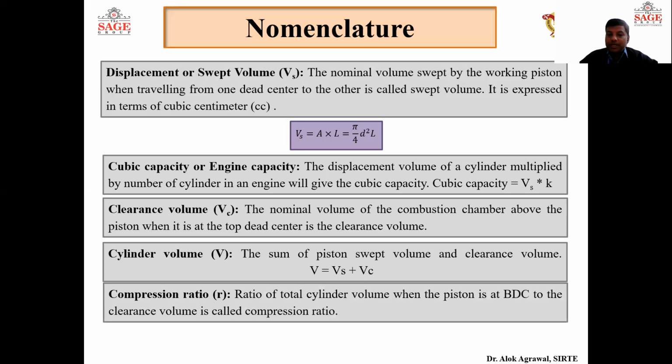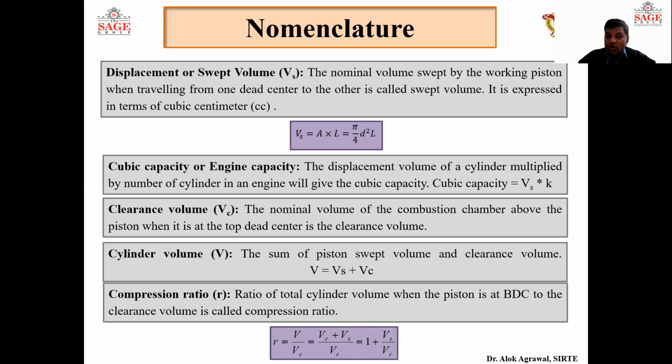Next is compression ratio. Compression ratio is a very important term, and we will use it throughout the course. It is the ratio of the volume when the piston is at bottom dead center to the clearance volume. When the piston is at bottom dead center, the volume of the combustion chamber is the total cylinder volume V, and when the piston is at top dead center, the volume is Vc.